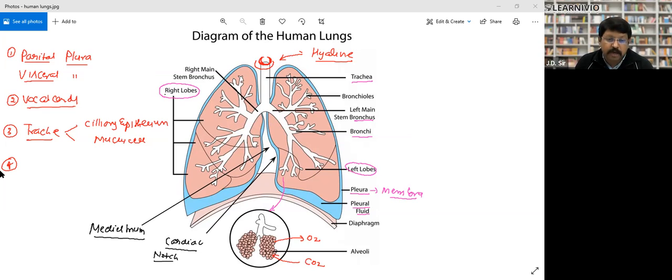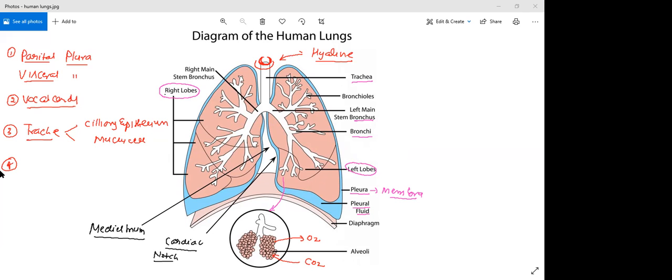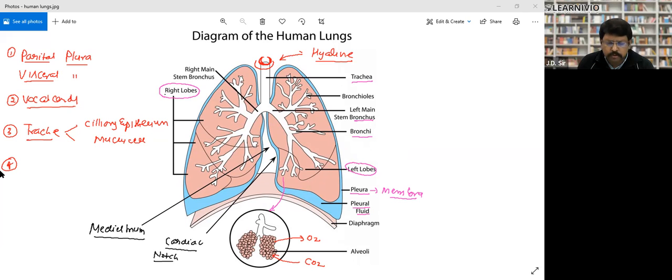Next, put a star mark, and there are two more points. What is the normal breathing rate in humans? How many times do we breathe in a minute? Almost 15 to 18. Note it down.